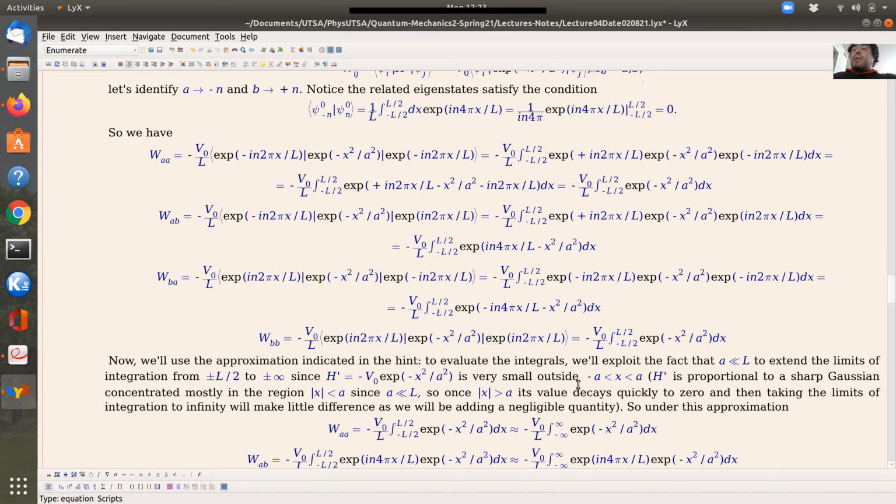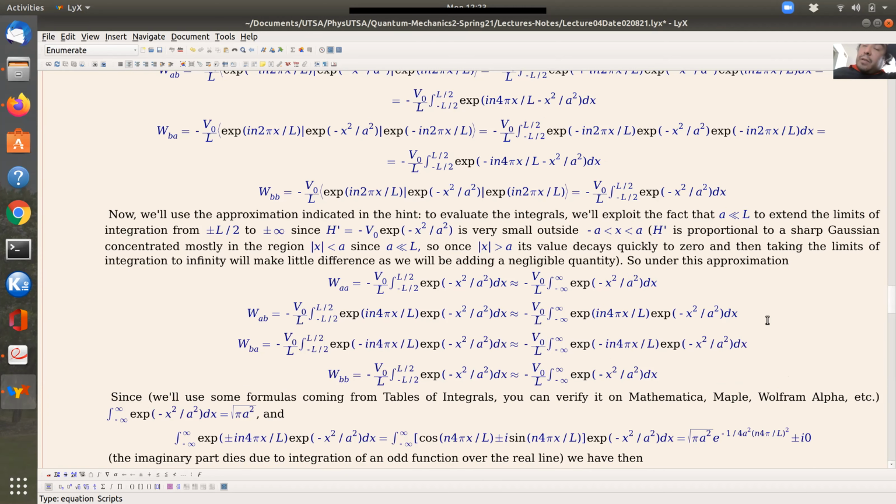So this is very small outside the interval minus a to a. It's not equal, but proportional to a sharp Gaussian that is concentrated, most of it, not all, on the region absolute value of x less than a, because a is very small with respect to L. Once you go outside that region, it decays very quickly to zero. And if you take the limits of integration to infinity, it will make little difference as we will be adding a very small quantity.